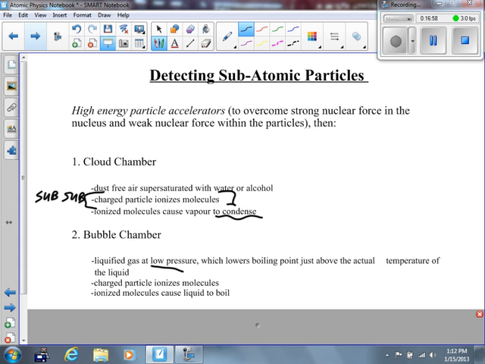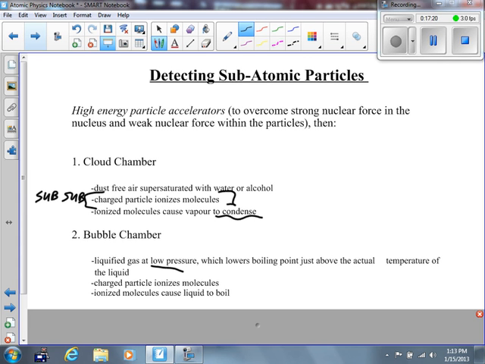Now, because we've liquefied this gas at a low pressure, we've lowered the boiling point to just above the temperature where we are. So if the temperature of this liquefied gas is 20 degrees Celsius, then the boiling point would be 20 point something degrees Celsius. So we're almost at the point of boiling this liquid. Almost, but not quite.